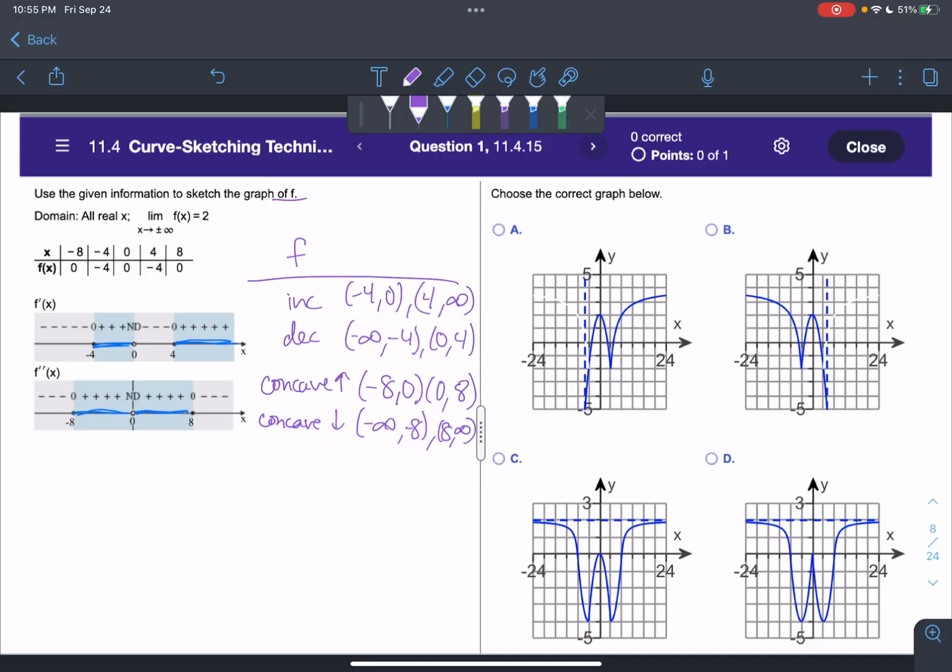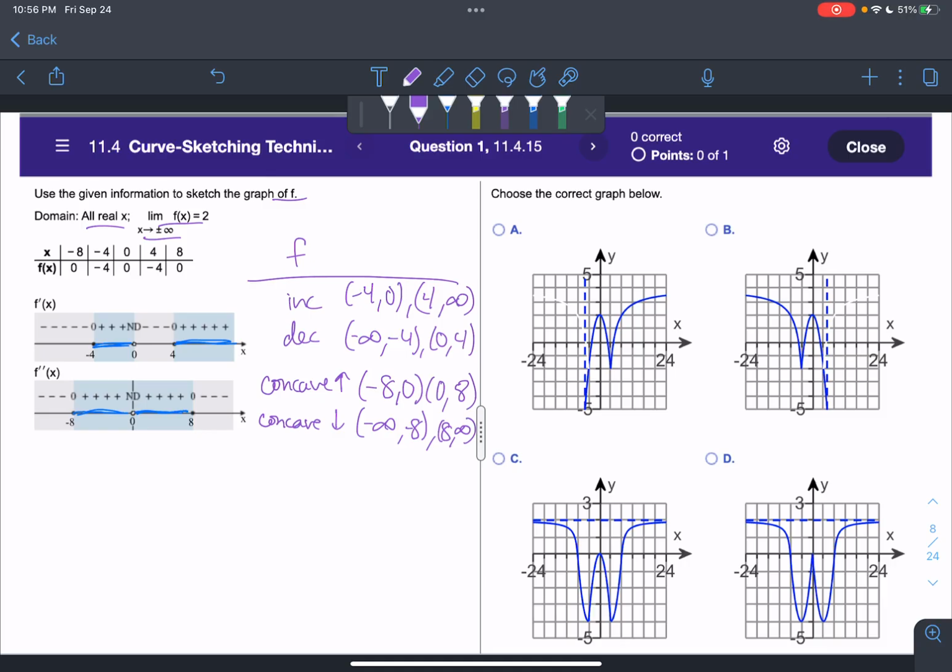Right, so now I suppose we were also given some other information. Our domain is all real numbers, and we have this limit as x goes to positive and negative infinity, we approach 2. So that talks about end behavior. As x gets really large or negative all the way to infinity, my function's approaching 2.